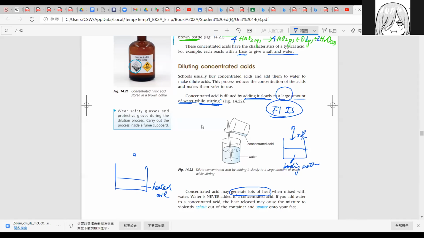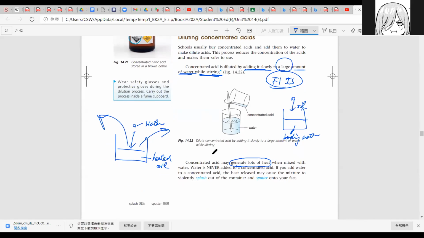Heated oil, and I put it in the water. What will happen? The water will splash together with the oil, so easily. The case is very similar. So never dilute the concentrated acid by pouring water directly. If you add water to the concentrated acid directly, the heat will be released. It will cause the mixture to violently splash out and into your face.